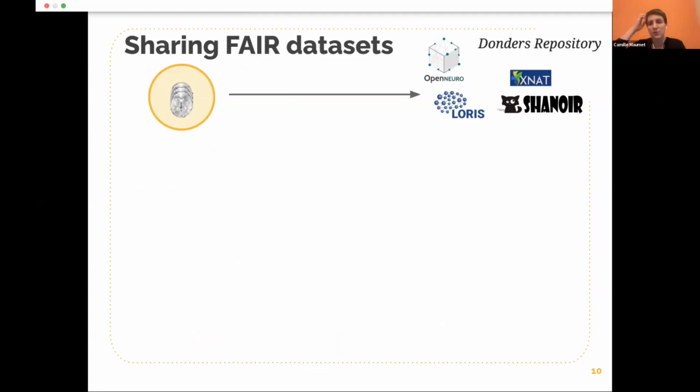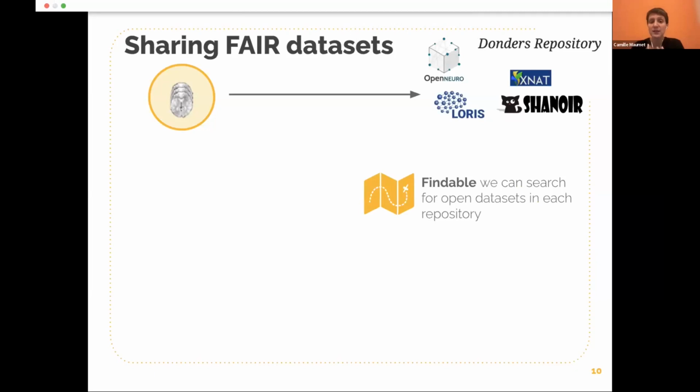I've put the Dundas repository here as well, which is institutional, but lets you do this type of data sharing. And what's really nice is that data sharing has been going on for some time, and not only in the brain imaging or MRI community, but more broadly. And we have those first principles that provide a guide as to how we should do that so that the data is actually useful for other researchers. And so I'm going to get a bit more into detail.